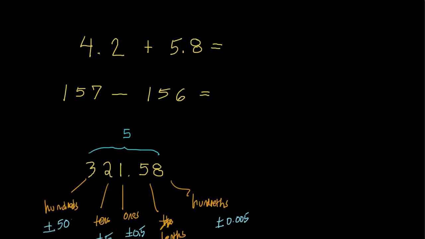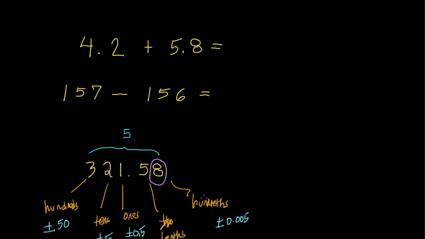Now for this particular number, the least significant digit is the hundredths place. We circled this in one of the activities we did in class. So this is the smallest significant digit, and the uncertainty will be half of whatever this digit represents.